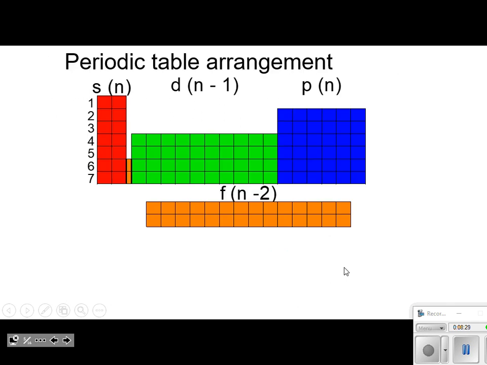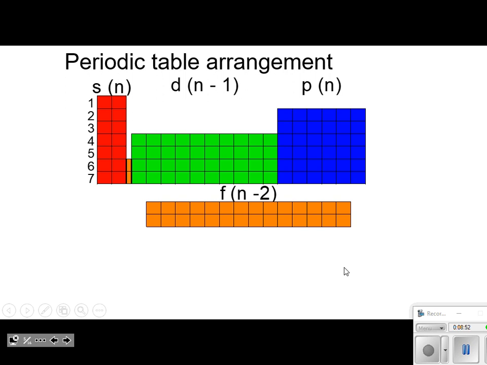Now, this is a very important diagram. And I have another one right behind it because this is going to help you with your electron configurations. Remember, we said yesterday that the s orbitals only have 1.